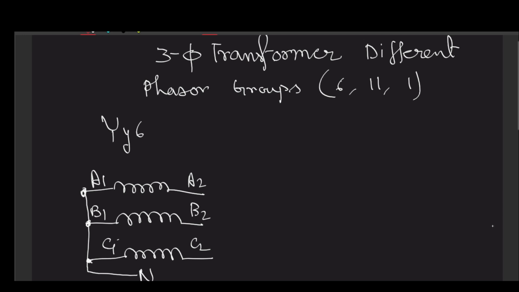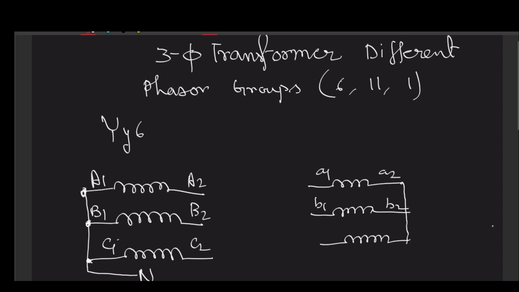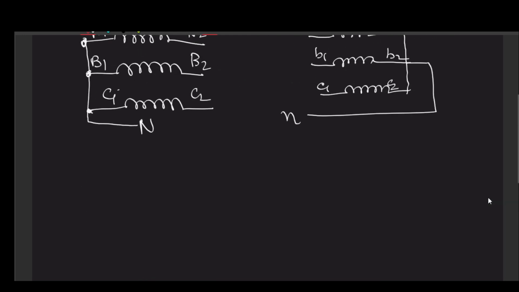Now let me draw the winding for the secondary side. So unlike the primary, here what I have done, I just short the secondary winding, and accordingly the different terminal of the secondary winding.